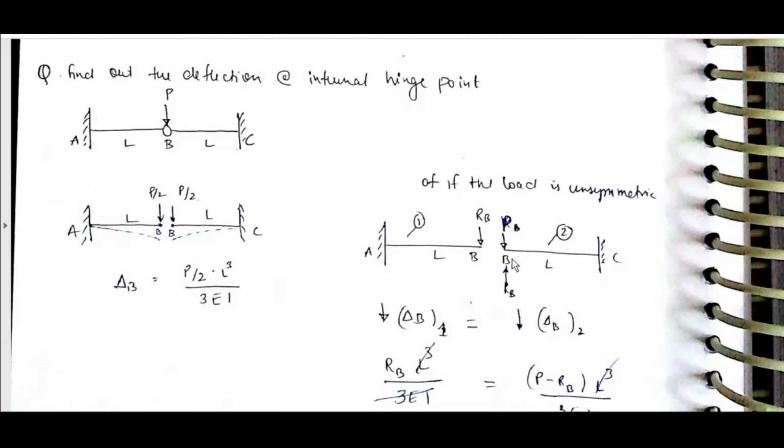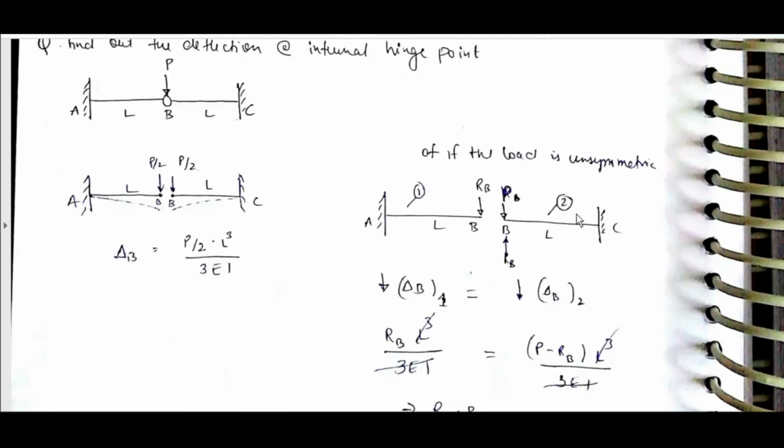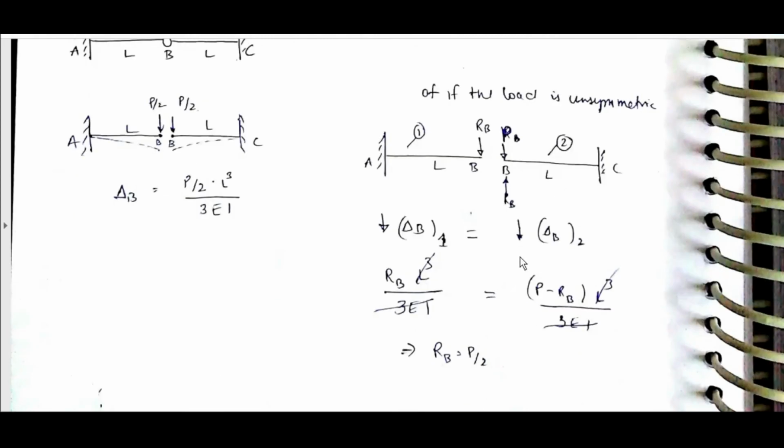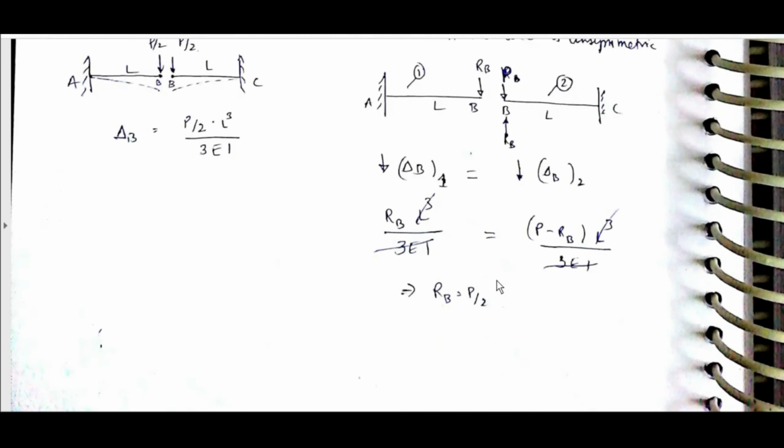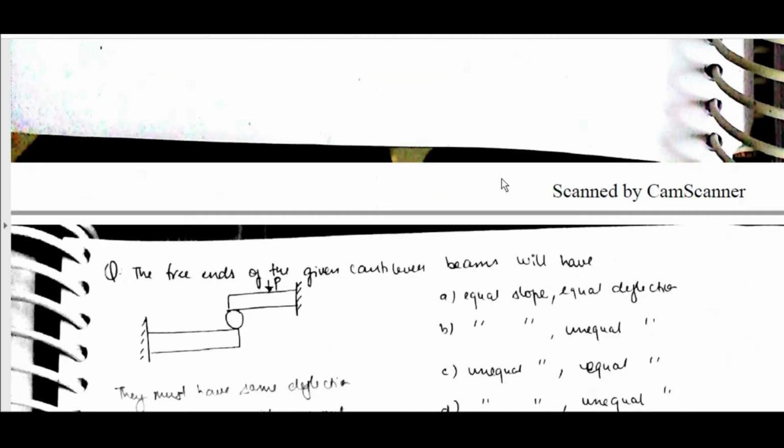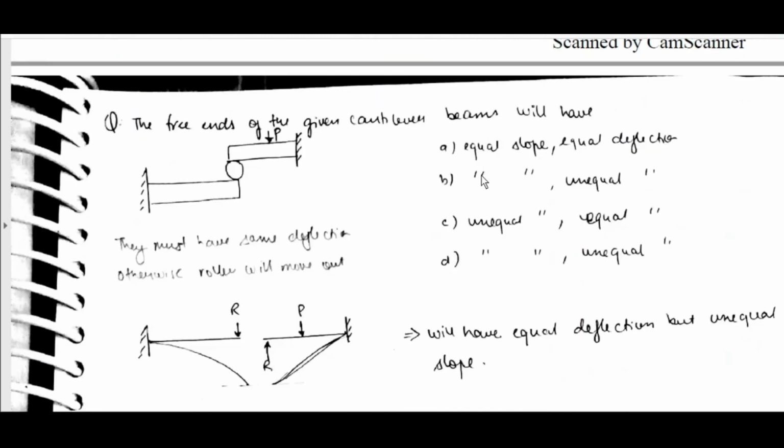If load is unsymmetric, delta B1 is equal to delta B2, R_B, P minus R_B. R_B from this also we will get, R_B is equal to P by 2. The free ends of the given cantilever beams must have the same deflection, otherwise the roller will move out.